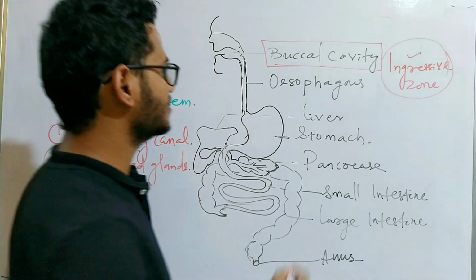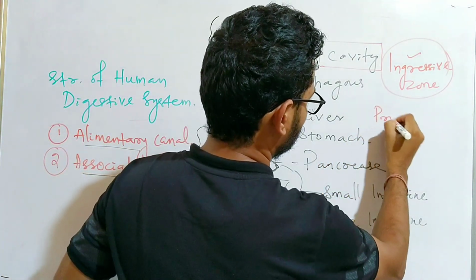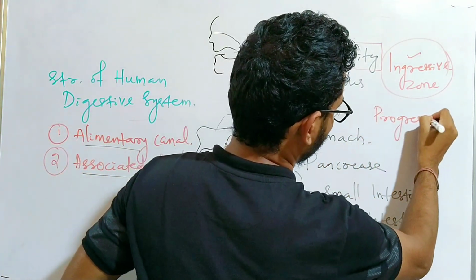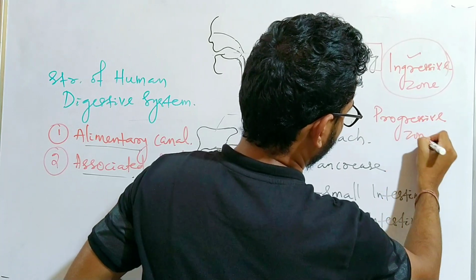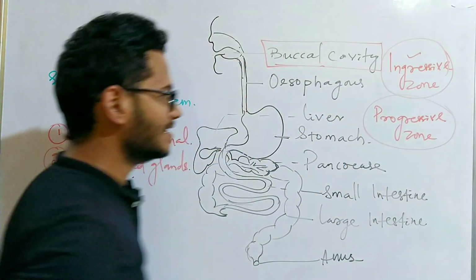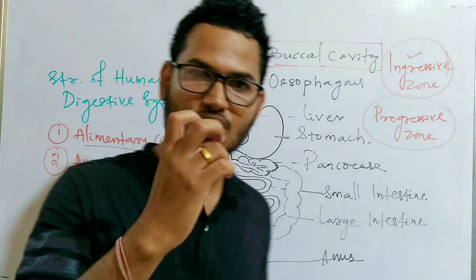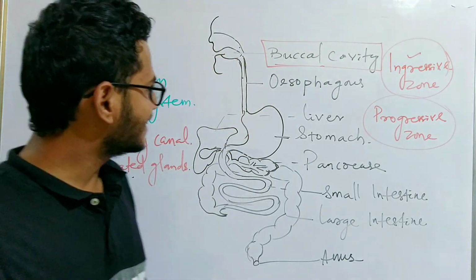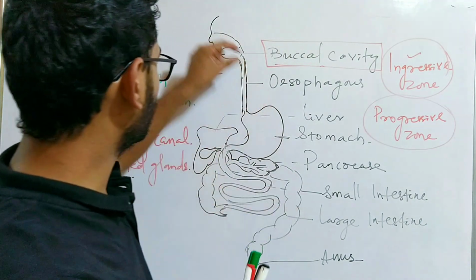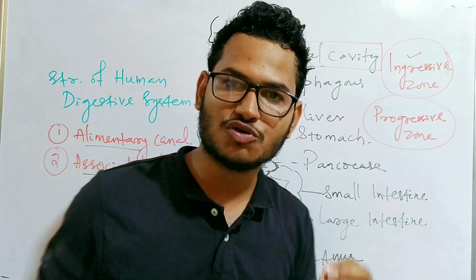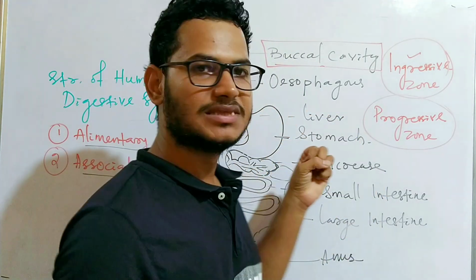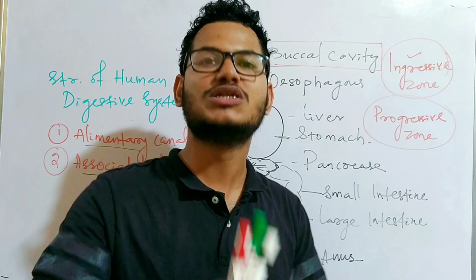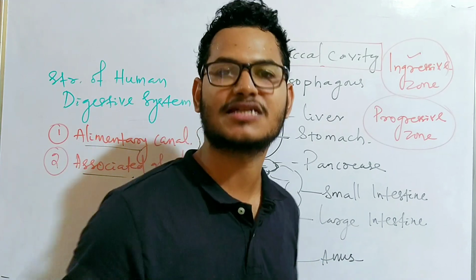The next zone is progressive zone. The progressive zone means this zone helps in taking the food from our buccal cavity or mouth cavity to the digestive part, which plays an important role in digestion of food.